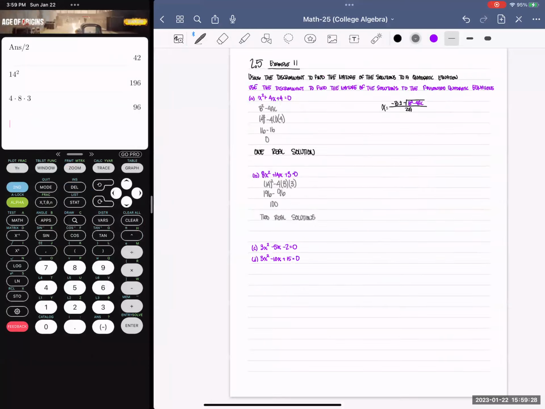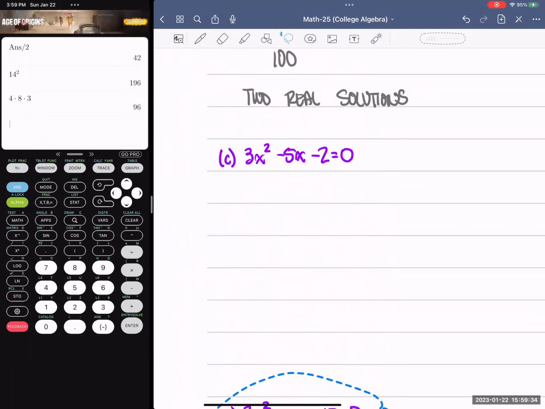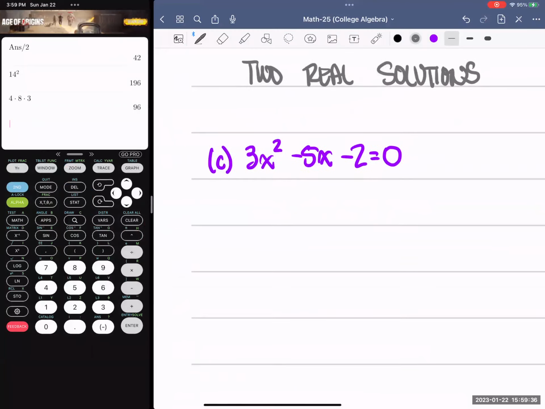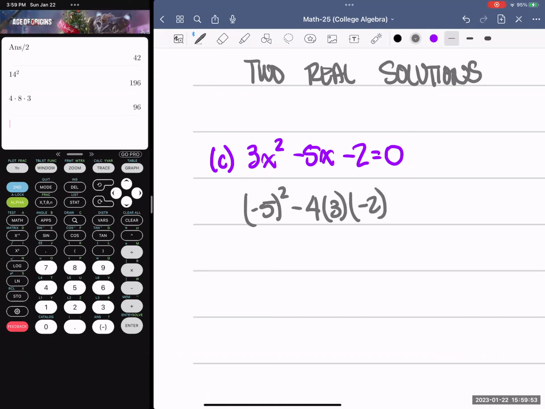Let's check this one. b squared minus 4ac. b in this case is negative 5. So negative 5 squared minus 4 times a, which is 3, and c, which is negative 2. Negative 5 squared is a positive 25. 4 times 3 is 12, and then 12 times negative 2 is negative 24.